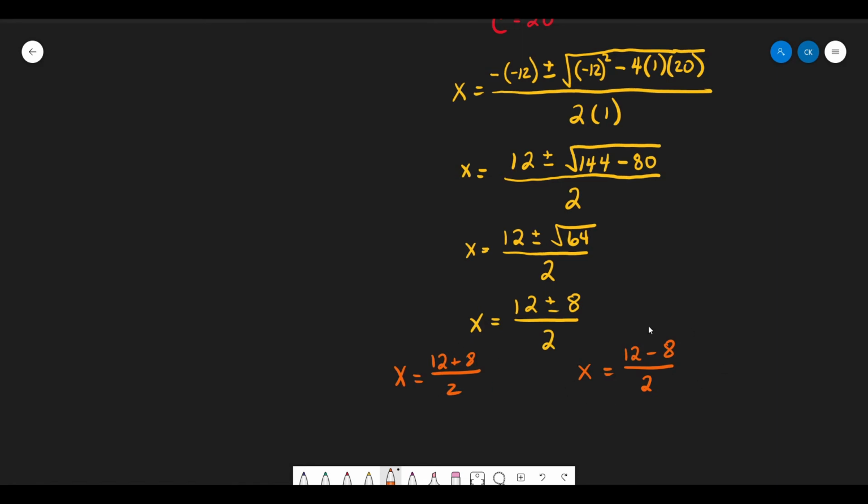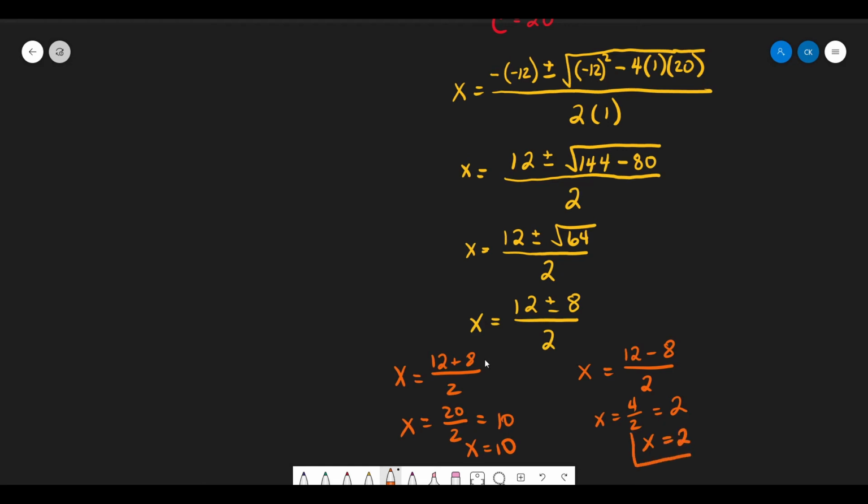So now I'm just going to work with both of these different ones. 12 plus 8, that's going to give us 20. And 20 over 2 just simplifies to be 10. So one of my answers is x equals 10. Then I do the other one. 12 minus 8 is going to give us 4. So I have x is equal to 4 over 2, and 4 over 2 simplifies to be 2.